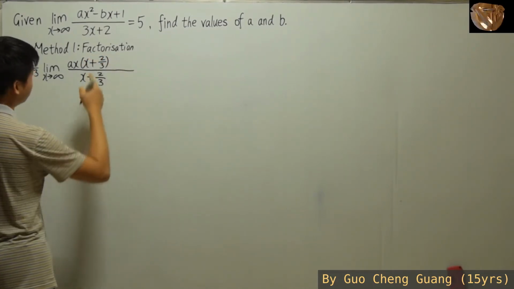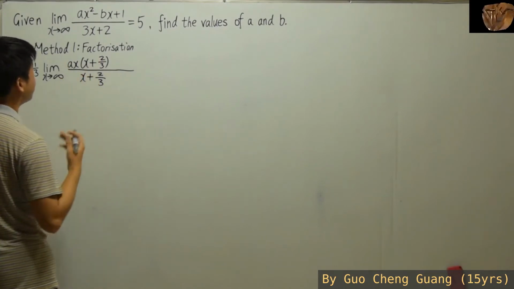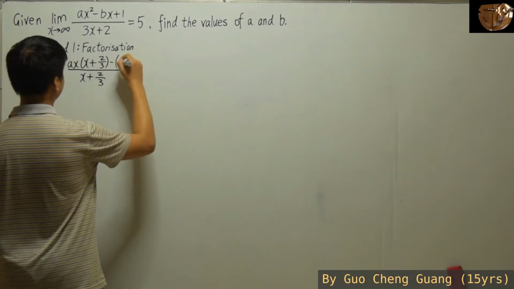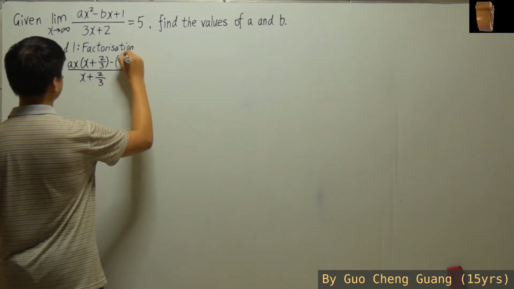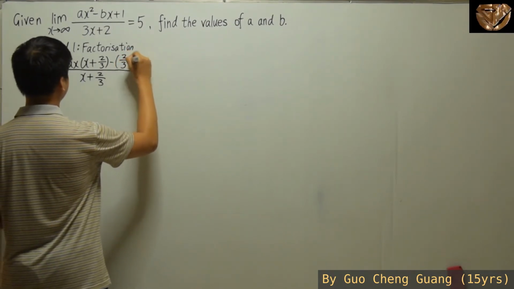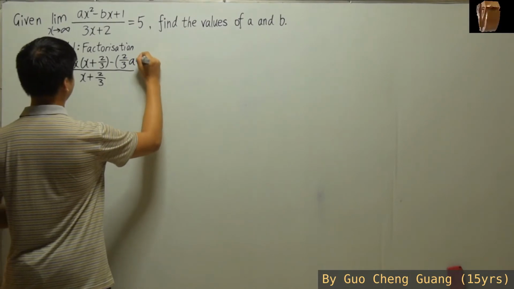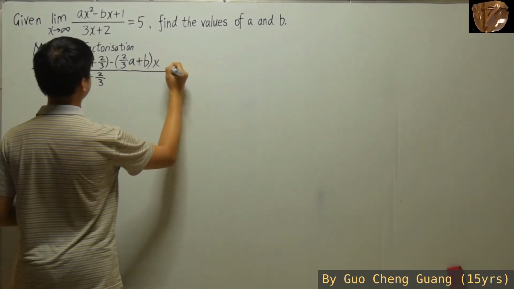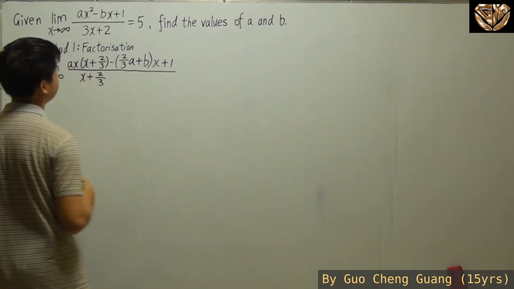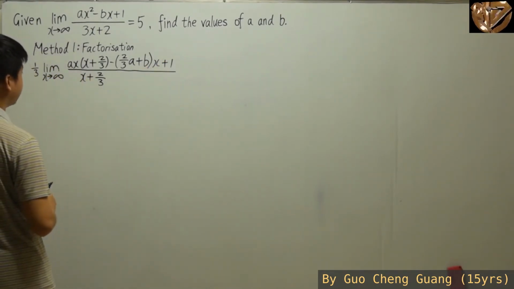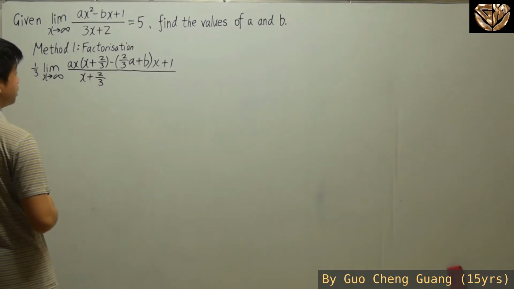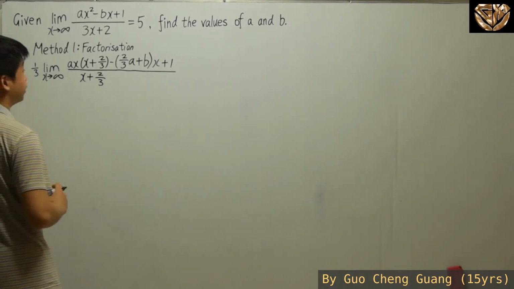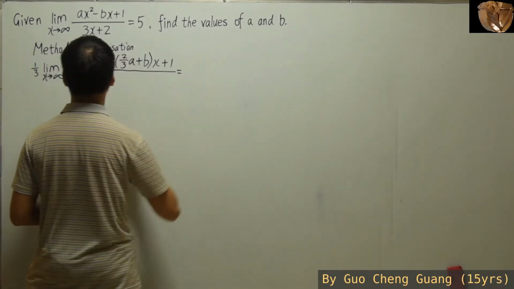But wait, we do not have this 2 over 3 ax term at the beginning, so we'll have to subtract it. We're going to see minus 2 over 3 a, then plus b multiplied by x, and then add 1. Alright, so this is the first step you can make to factorizing whatever we have.